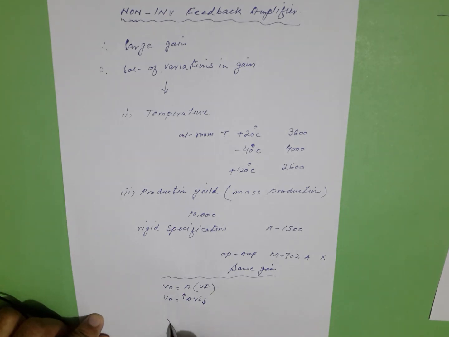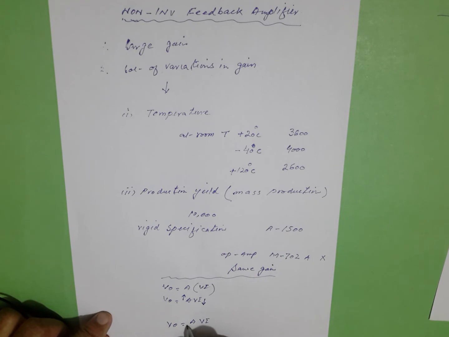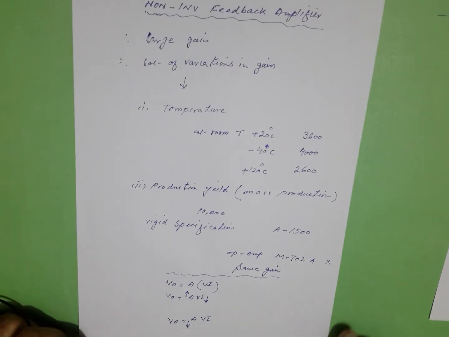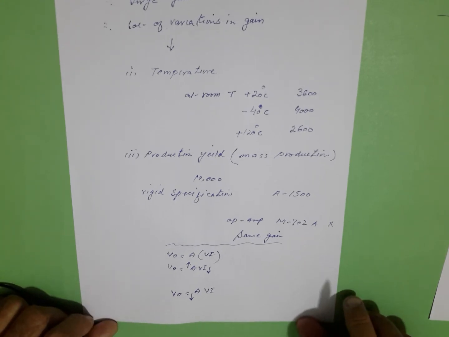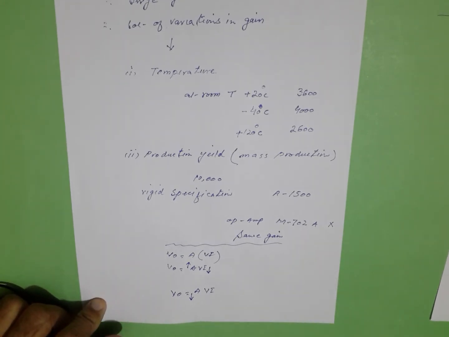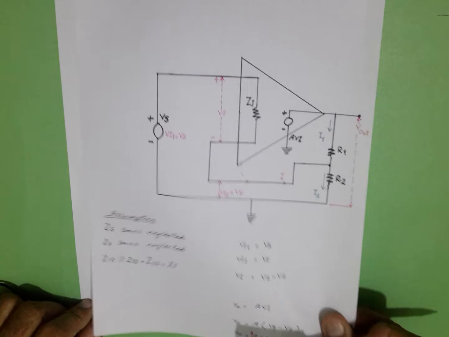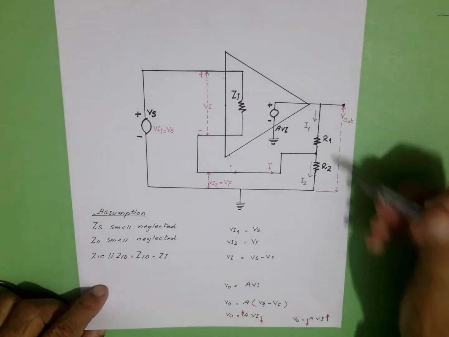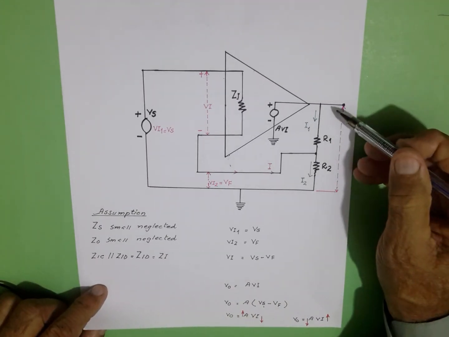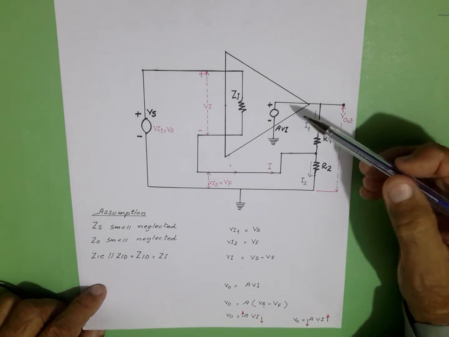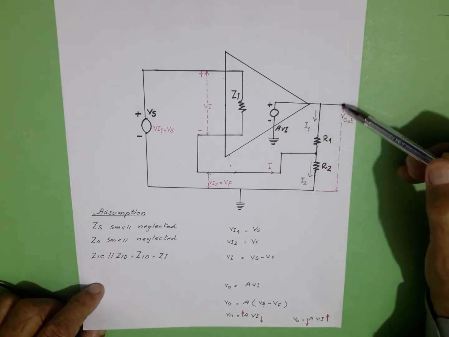And if gain decreases and it decreases V naught, then when voltage here decreases, gain tends to decrease the output voltage.